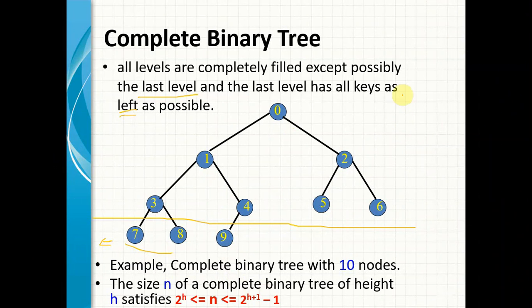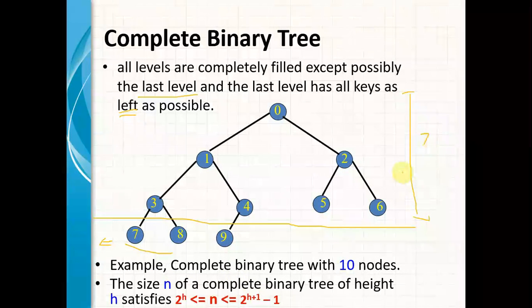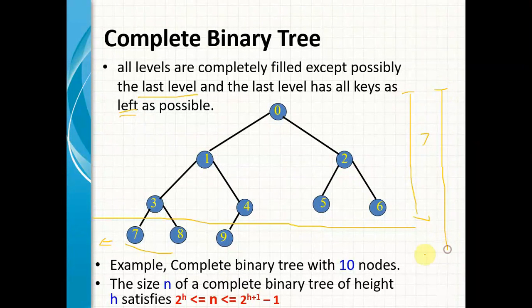For example, you can see that this layer sums up to 7, and the total number of nodes, if all filled up, will be 15, just like the previous full binary tree.